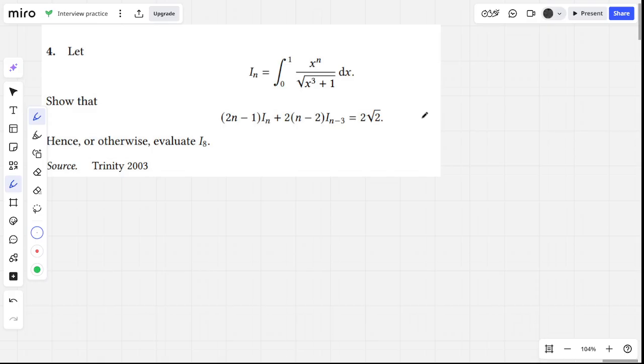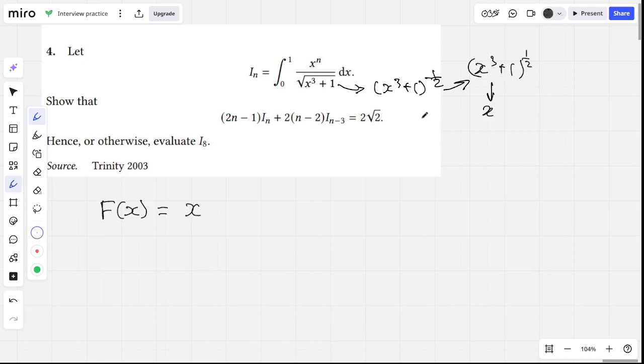Okay, so I'm going to call it f of x, and I'm going to consider the following. Now notice how if I were to integrate x cubed plus 1 to the power of minus a half, my guess function would be x cubed plus 1 to the power of a half, because minus a half plus 1 is a half.